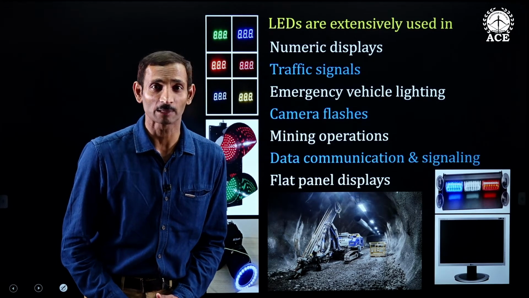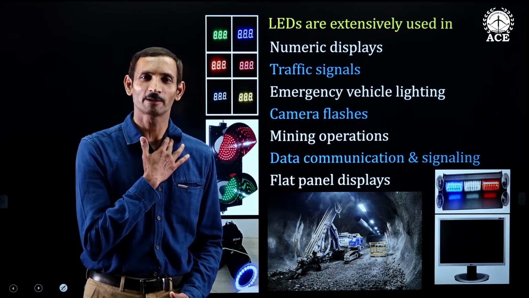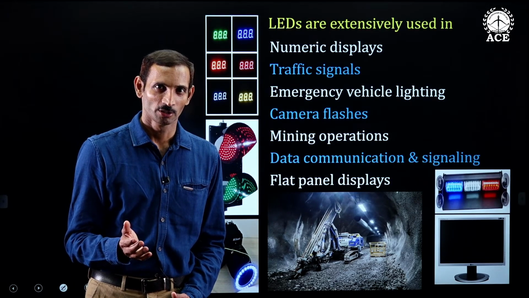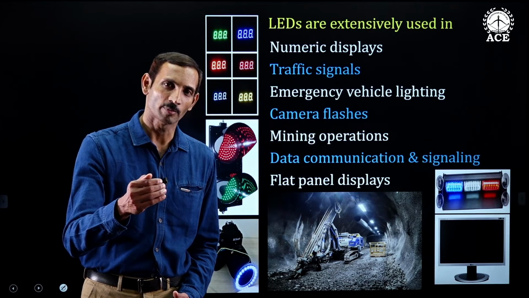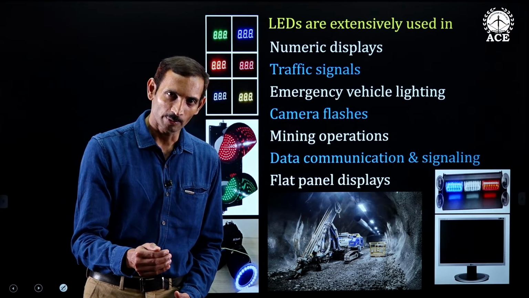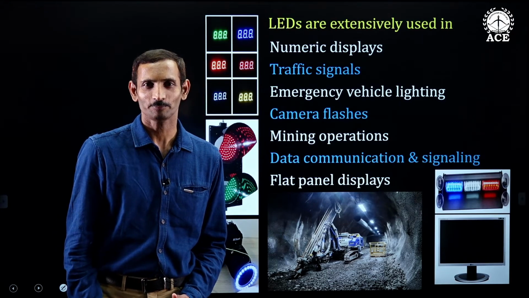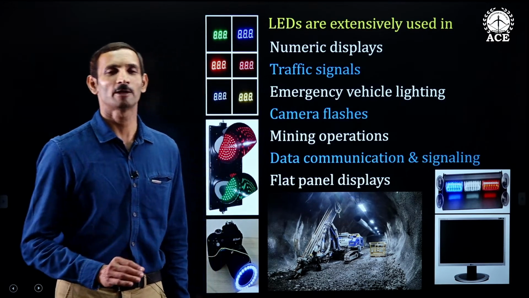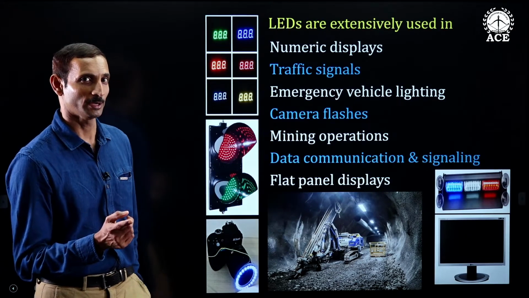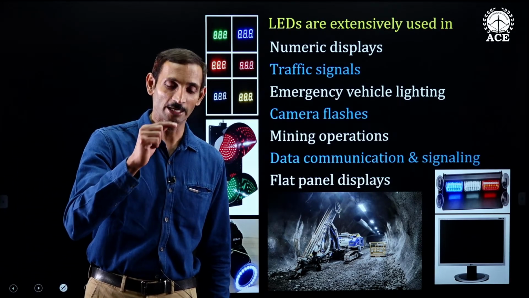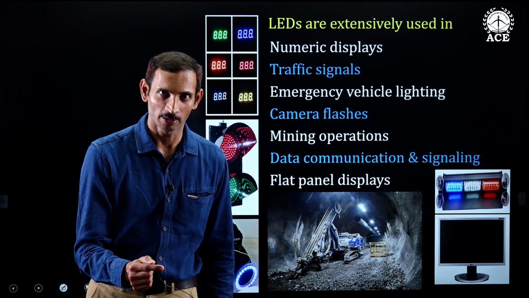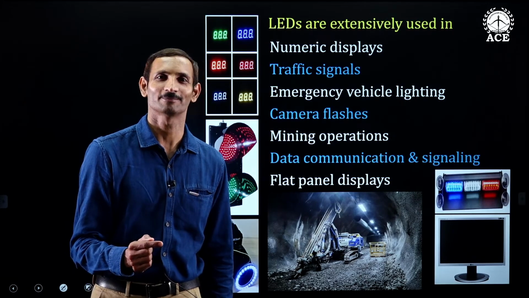Then what is a direct bandgap semiconductor? You would answer, a semiconductor in which the minimum energy of the conduction band coincides with the maximum energy of the valence band for the same value of K. Right? That is a direct bandgap semiconductor. You would also tell me that the transition takes place directly from conduction band to valence band for an electron.